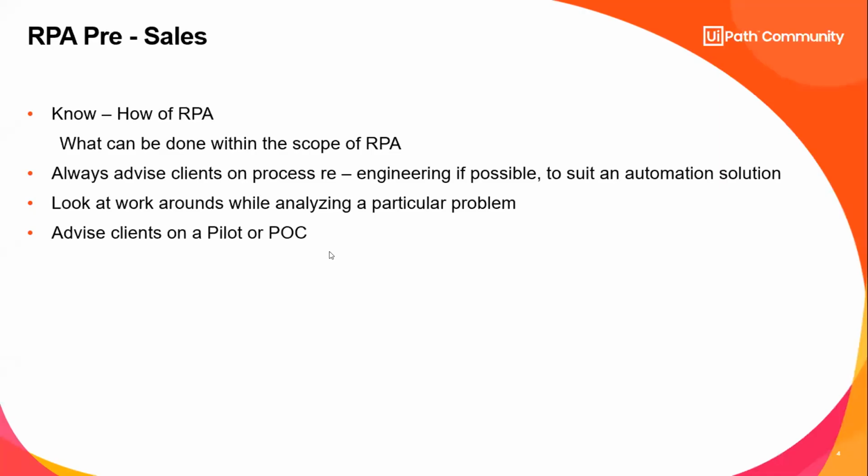Being specific on RPA pre-sales, it's about knowing what can be done within the scope of RPA, because there have been times where there were multiple challenges with something we had decided would be in scope of RPA.